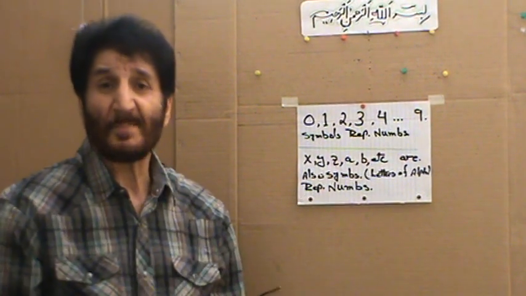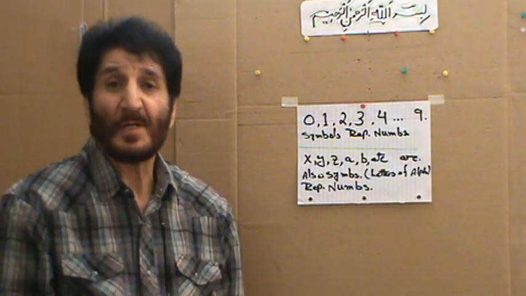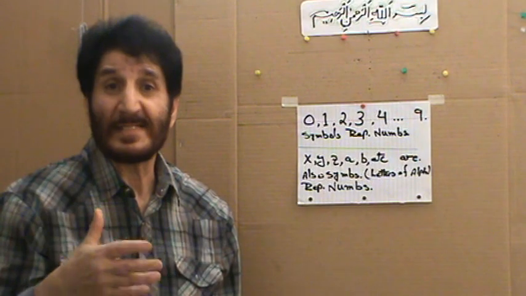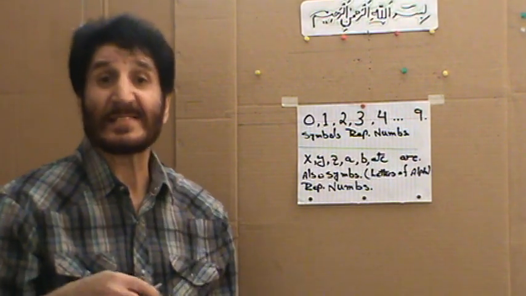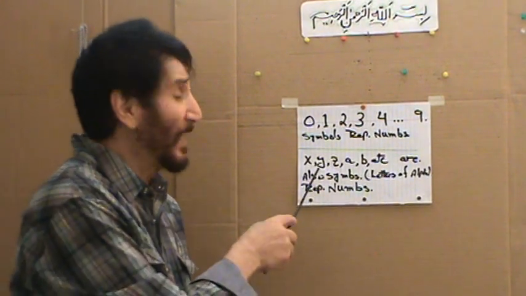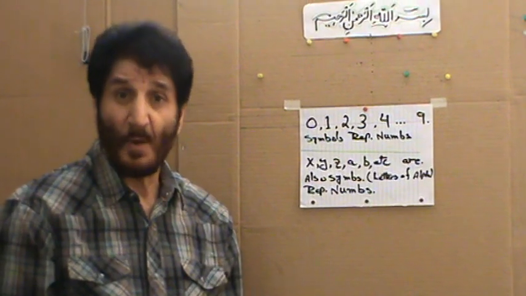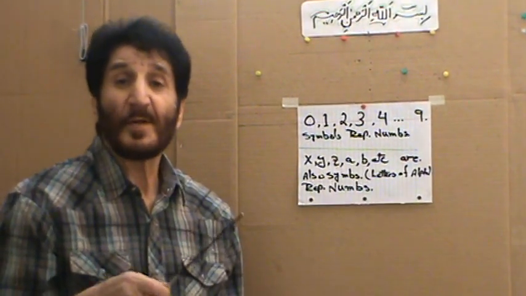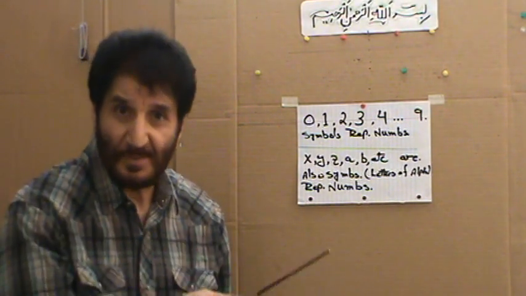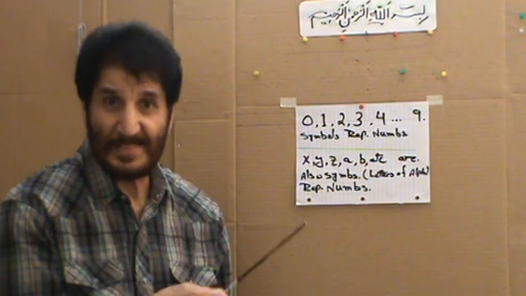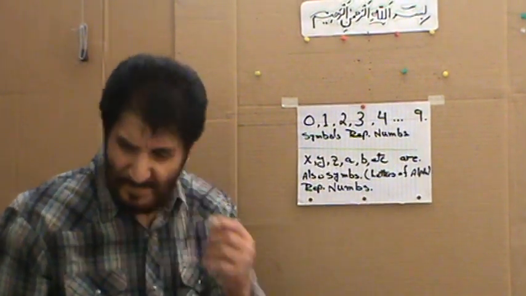So when we say, for example, 7, we know what it stands for, a quantity of 7. But in the case of X and Y, letters of the alphabet also representing numbers, they are not pre-assigned. They are the values that we assign to them. So you see the difference. Both of them are standing for numbers.